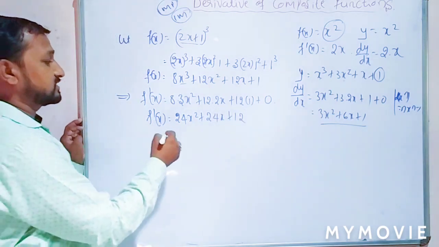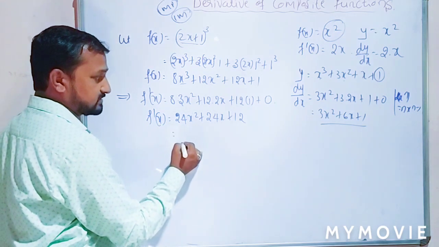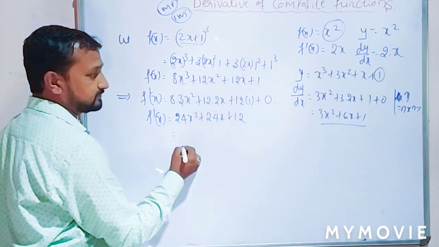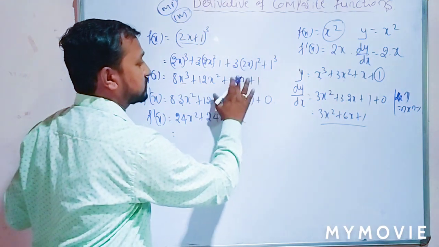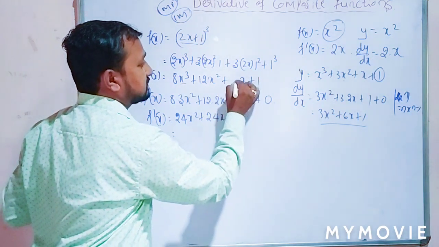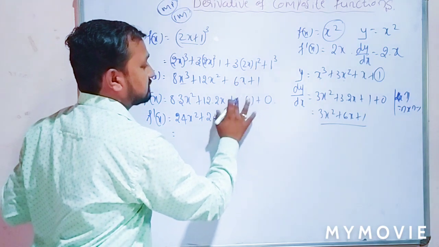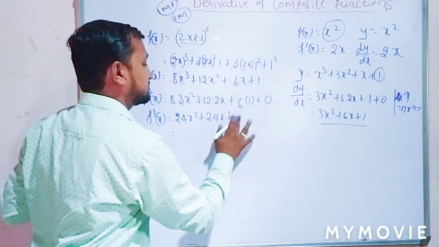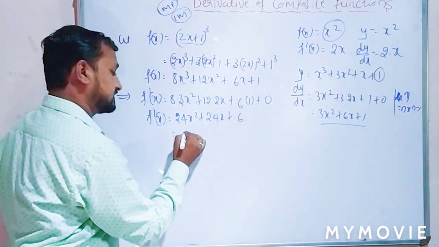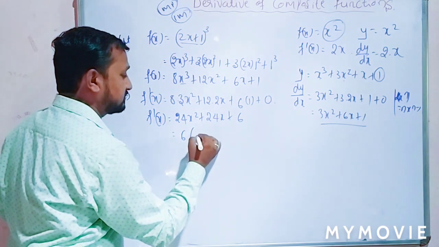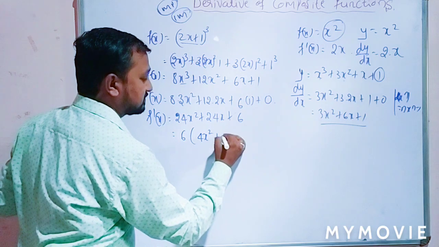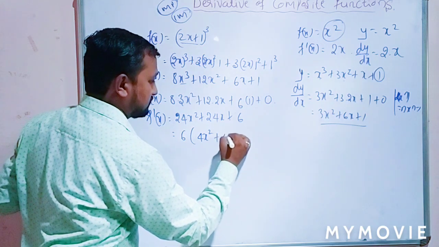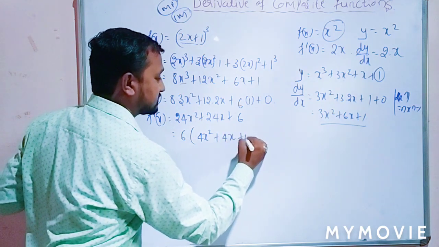Okay. In this function we take 6 as a common term. The remaining term is 4x square plus 4x plus 1.